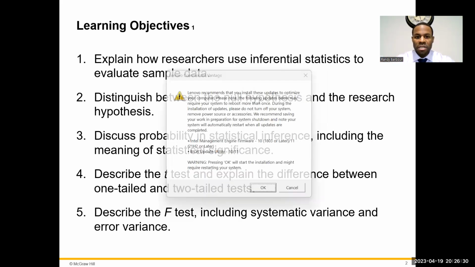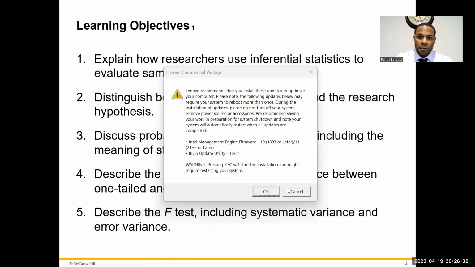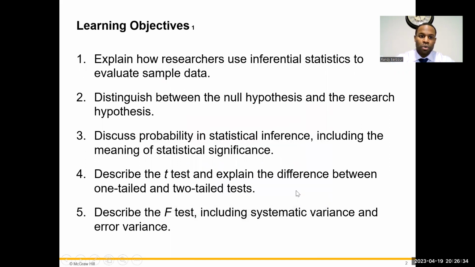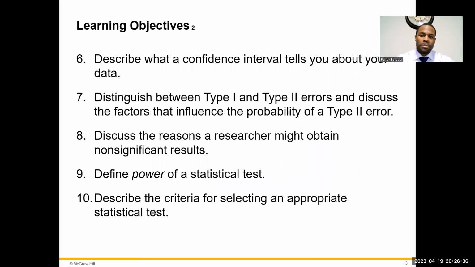Okay, here are the objectives. We're going to work through a lot of things that are kind of a review of what we learned in statistics. So we'll talk about the alpha level. We'll talk about statistical significance, type 1, type 2 error. We'll talk about power and effect size. All of those things are really, really important as we move into some of the things that you'll be doing in experimental psychology.